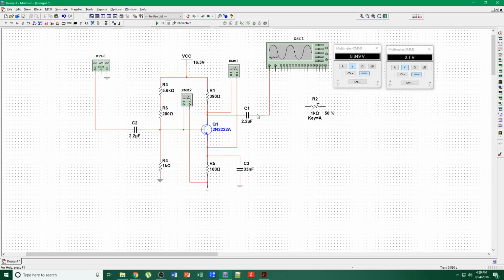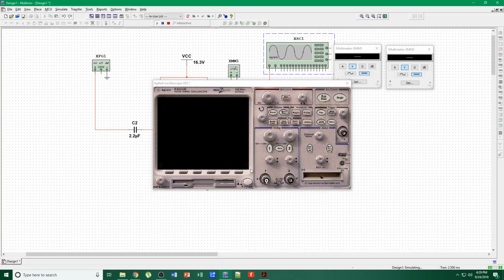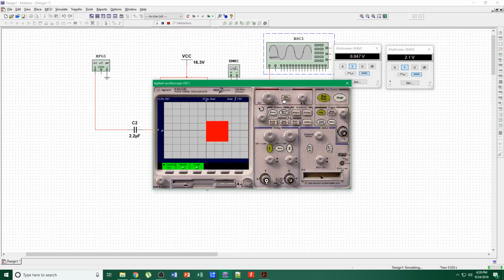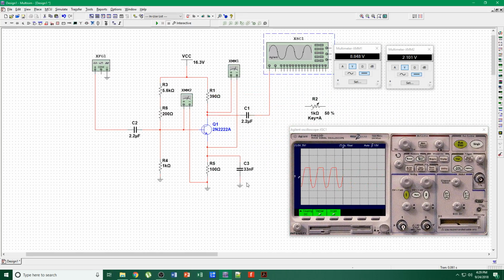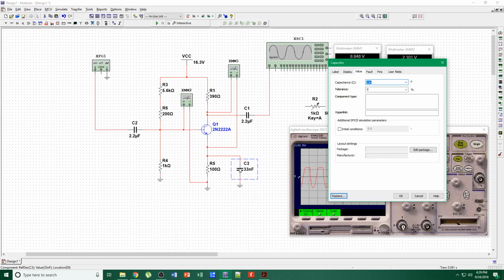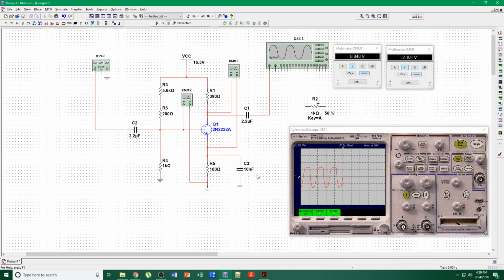Let's put like an Agilent one, I guess. 10 nanofarad.